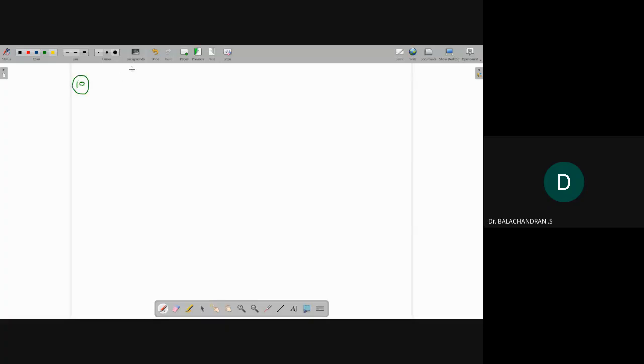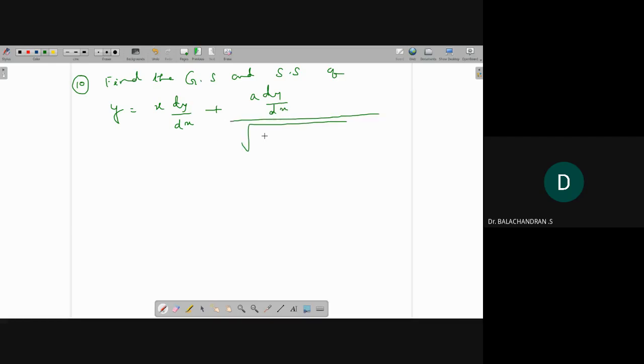Find the general solution and the singular solution of y equal to x into dy by dx plus a into dy by dx divided by root of 1 plus dy by dx whole square.